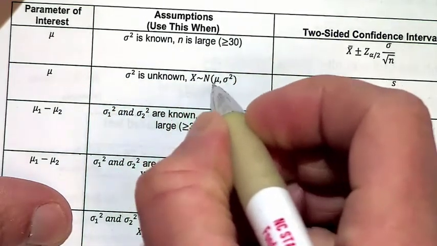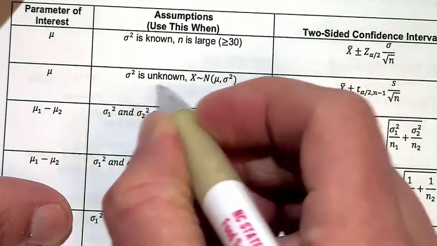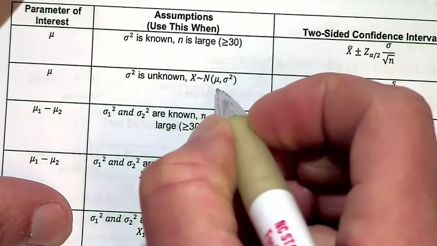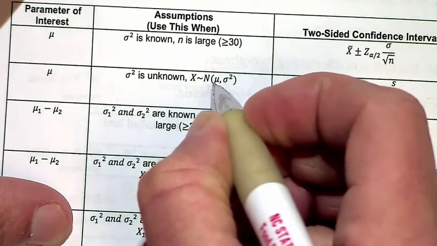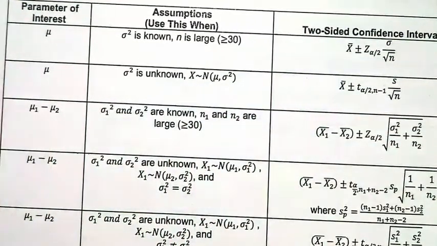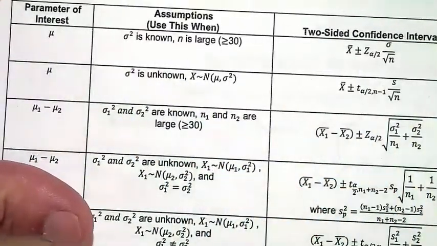And X is from the normal distribution. So these are two different assumptions: we're assuming X is from a normal distribution where we can represent the mean with mu and the variance with sigma squared. Both of these look good so far. We just need to figure out which one is best.